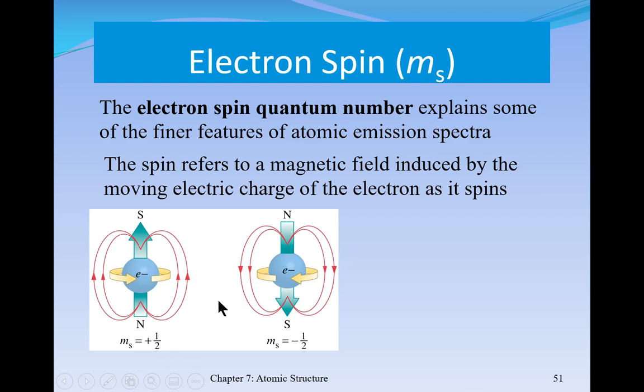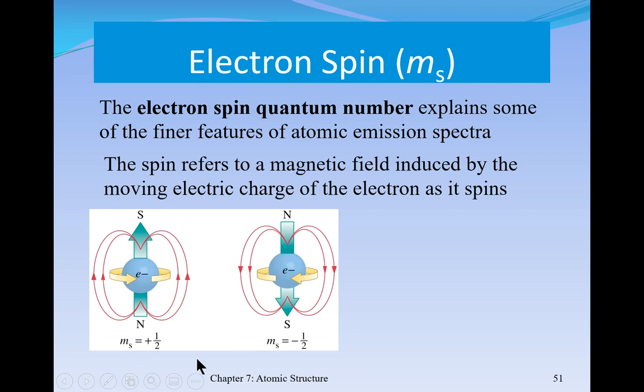So when it comes to representing electron spins, we use arrows to represent the direction of the magnetic field that is generated. And the two quantum numbers associated with the different directions are simply plus half and minus half, right? So those are the only two possible spin quantum numbers that exist for electrons. ms is equal to plus half and ms is equal to minus half.